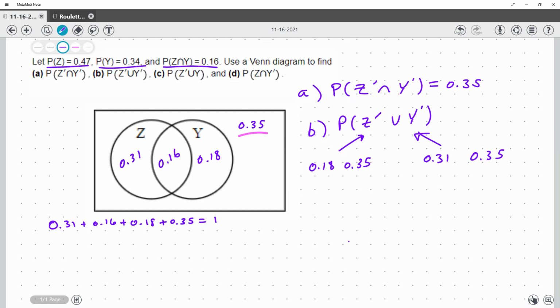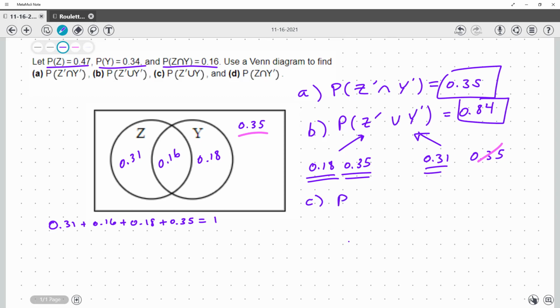Remember, union means everything. So you would add all of these, but you have to be careful, as you can kind of see in this picture. You wouldn't add 0.35 twice, so you're just going to do 0.18 plus 0.35 plus 0.31 and get 0.84.